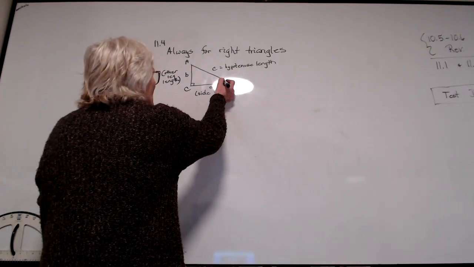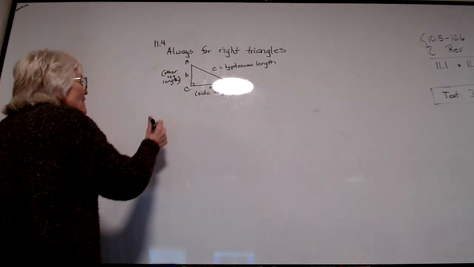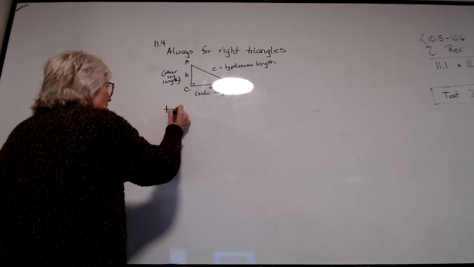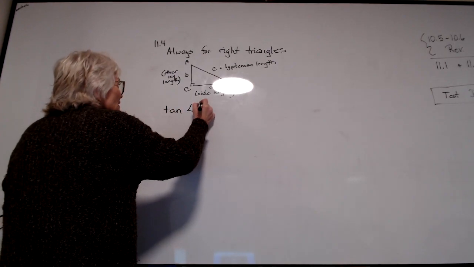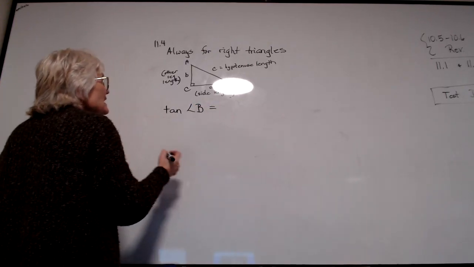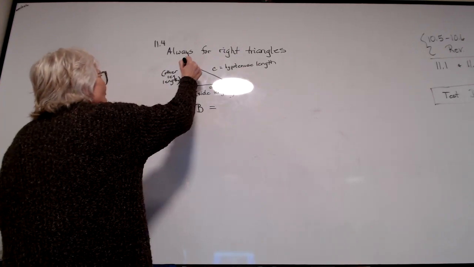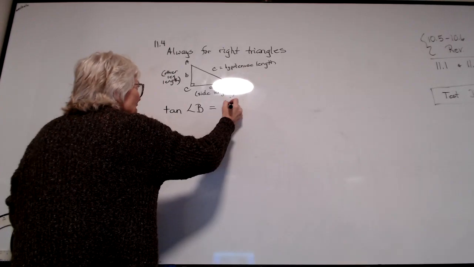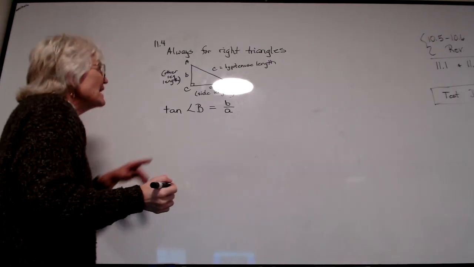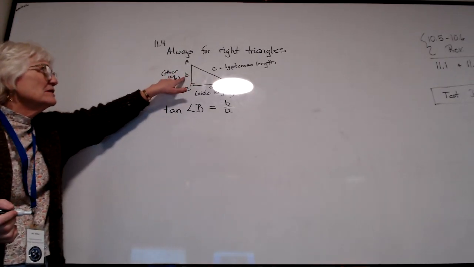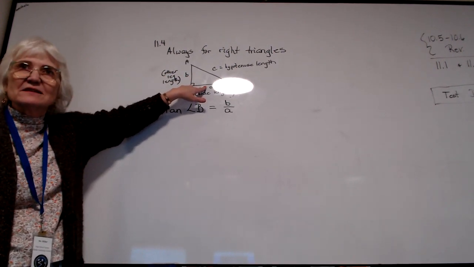So let's say this is B, so we know that's angle B right there. One ratio is the tangent of the angle. If I say tangent of angle B, it's opposite over adjacent. It's B over A. So it's the opposite leg over the adjacent leg.